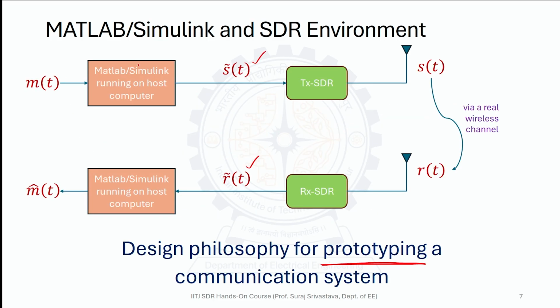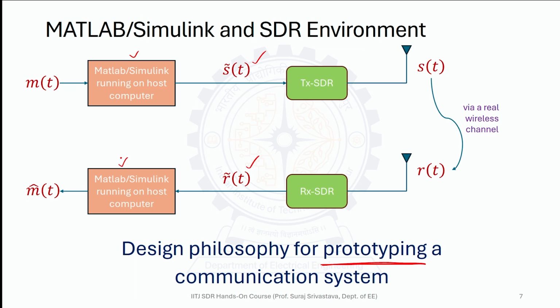So the MATLAB Simulink block at the transmitter and the MATLAB Simulink block running on the host computer at the receiver side perform the fundamental signal processing operations. For example, the channel coding, and decoding at the receiver. Similarly, the modulation at the transmitter and the demodulation at the receiver.